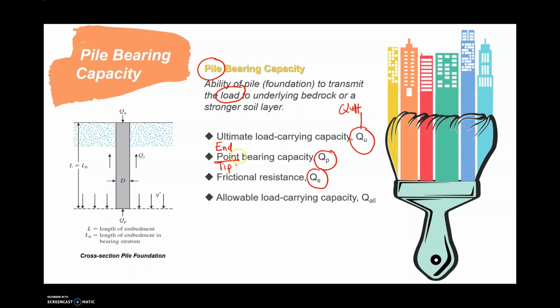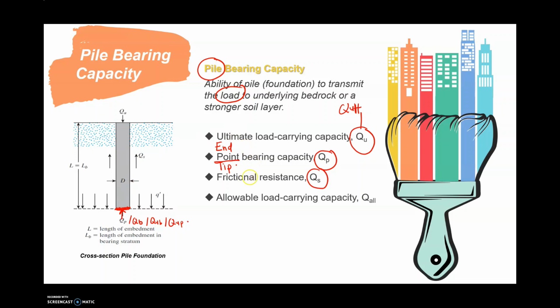Where is the location of end bearing, point bearing, and tip bearing? This is the location of the end bearing, tip bearing. Sometimes we use QP, sometimes QB or QUB or QUP. It happens here at the base of the pile foundation.